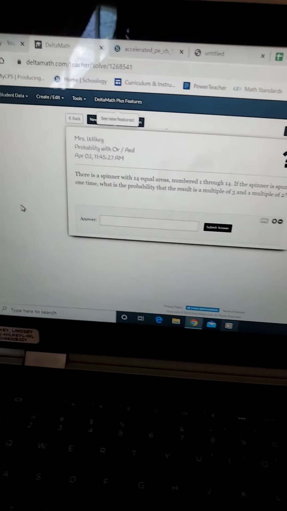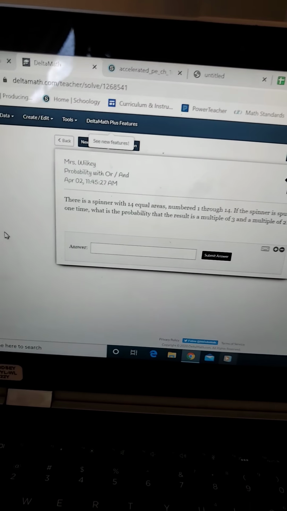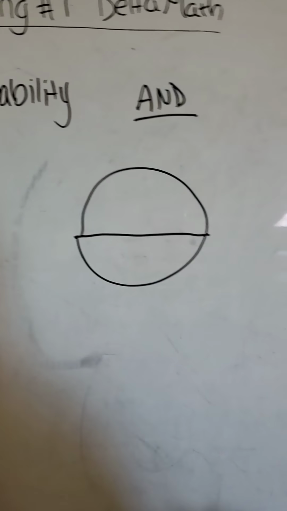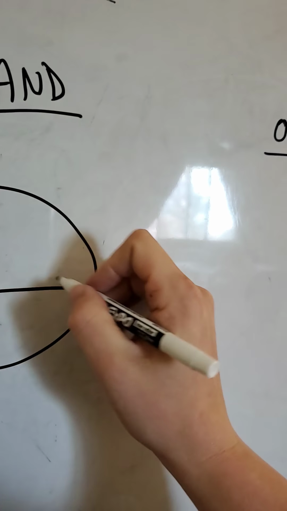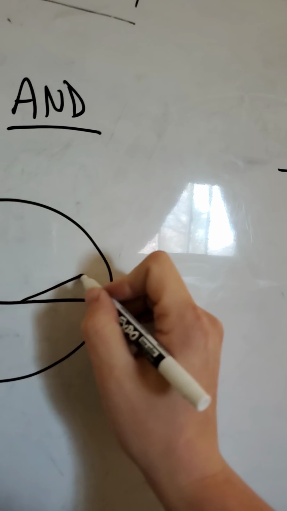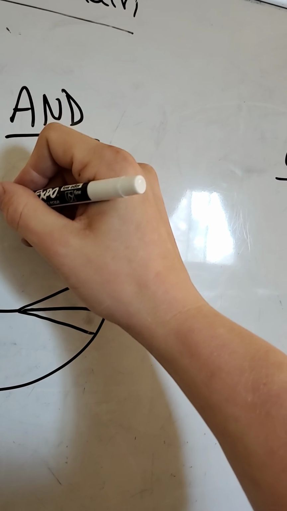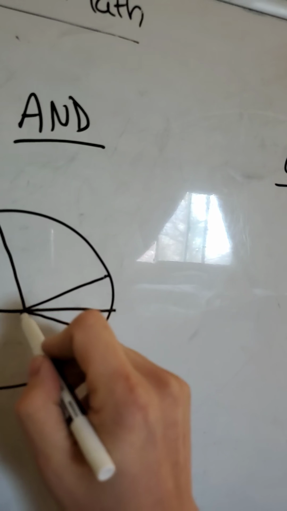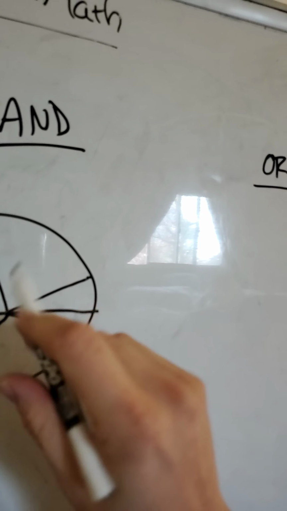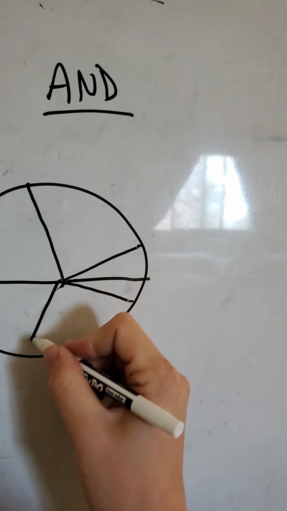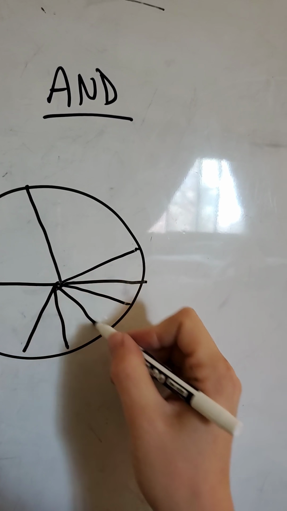All right, so I'm going to draw a spinner. And it needs to have 14 equal areas, which means there should be 7. Hopefully those are a good size. Trying to make it kind of even.